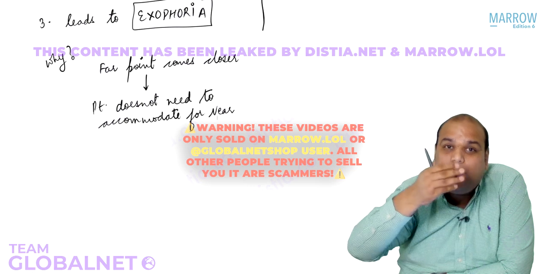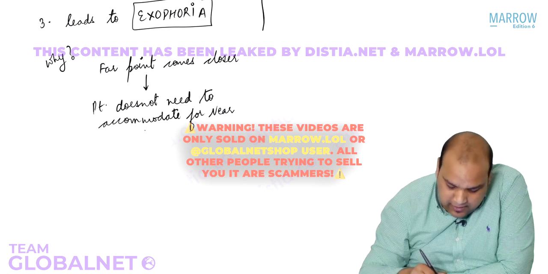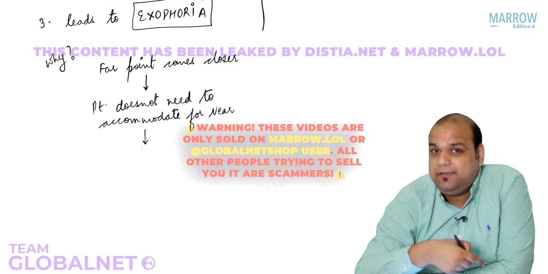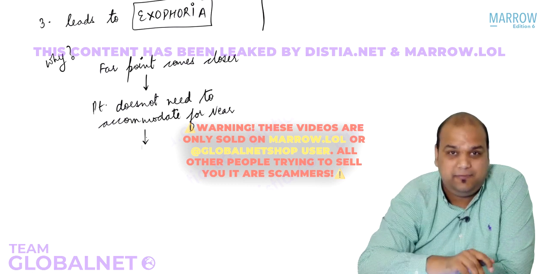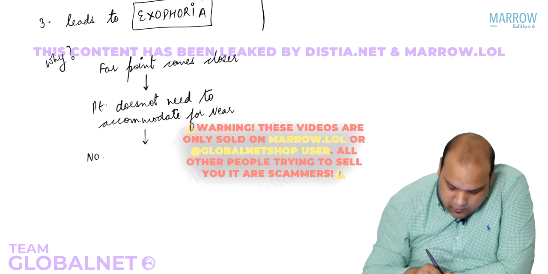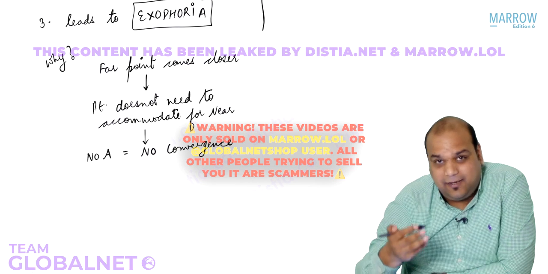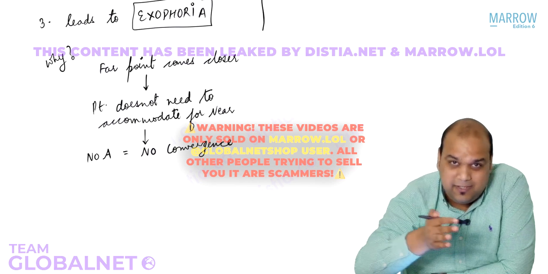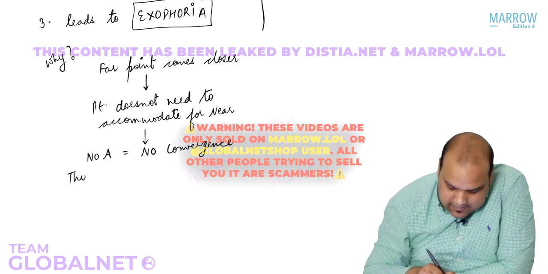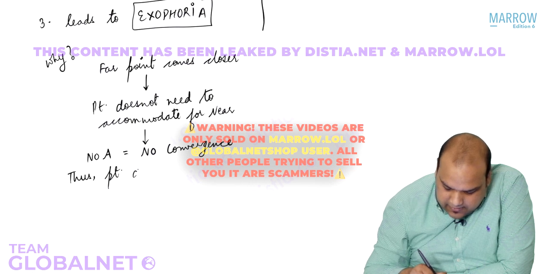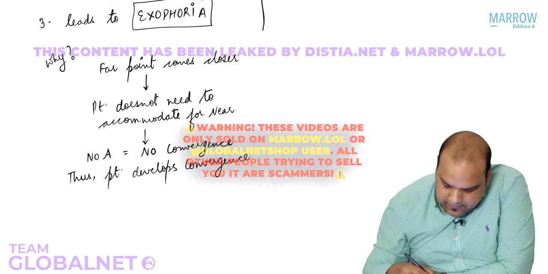So you don't need to accommodate now for near vision. When you don't accommodate for near vision, you don't converge for near vision. No accommodation is equal to no convergence. This is a triad of reflex. No accommodation, no convergence. Thus, the patient develops convergence insufficiency.